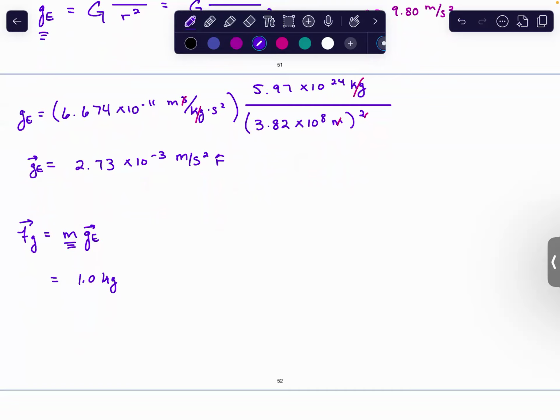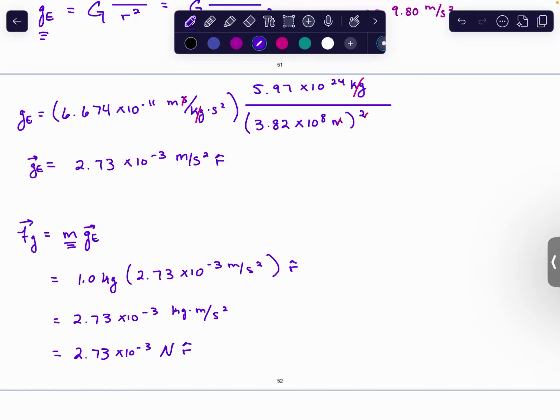So we have our 1.0 kilograms times 2.73 times 10 to the negative third meters per second squared, r hat. And what we're going to get when we put these units together is kilograms meters per second squared, which is a Newton.